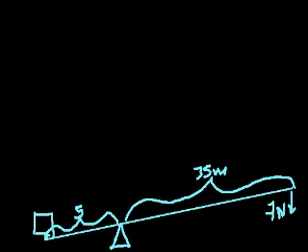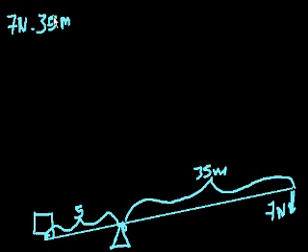Well, all we have to do is use the same formula, that the moments, and I know I used that word once before, so you might not know what it is, but the moments on both sides of the fulcrum have to be the same, or the input moment has to equal the output moment. So what's the moment again? Well, the moment is just the force times the distance from the force to the fulcrum. So the input moment is 7 newtons times 35 meters.